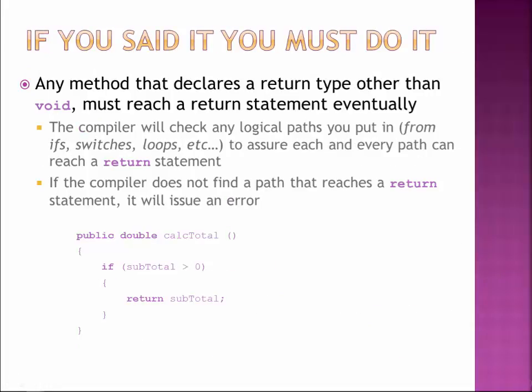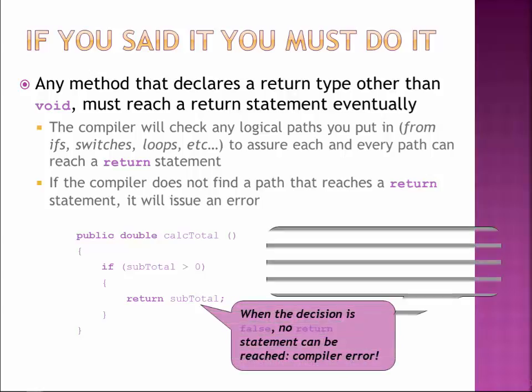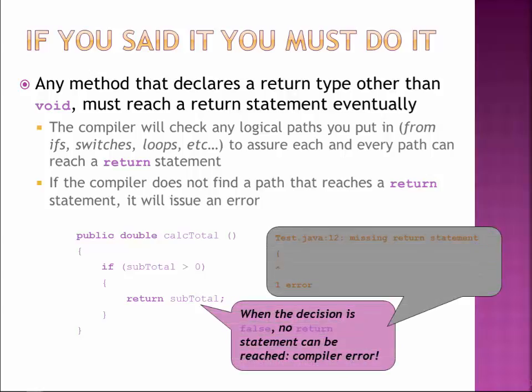If you forget about it, or if you do code like we see here, where I have an if statement, and there's a chance that the code would reach the final curly bracket without returning something, you'll get a compiler error, something such as missing return statement. So in this case, if subtotal was not greater than 0, then what would I do?